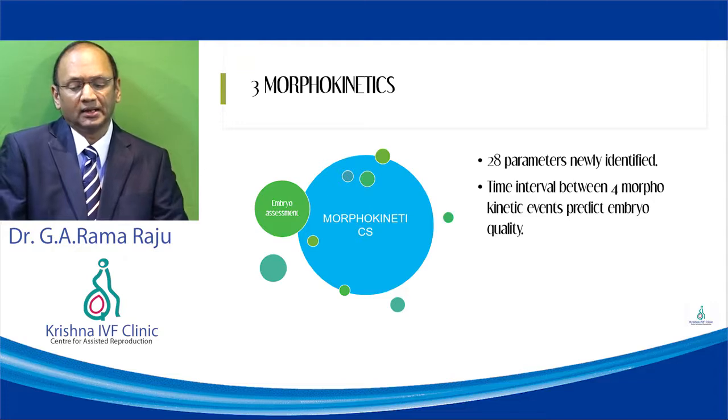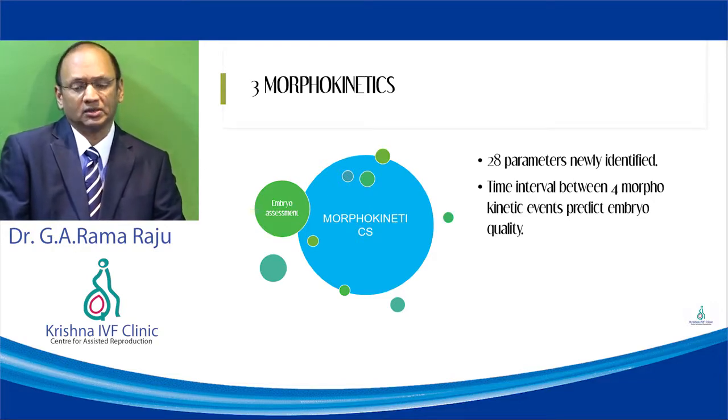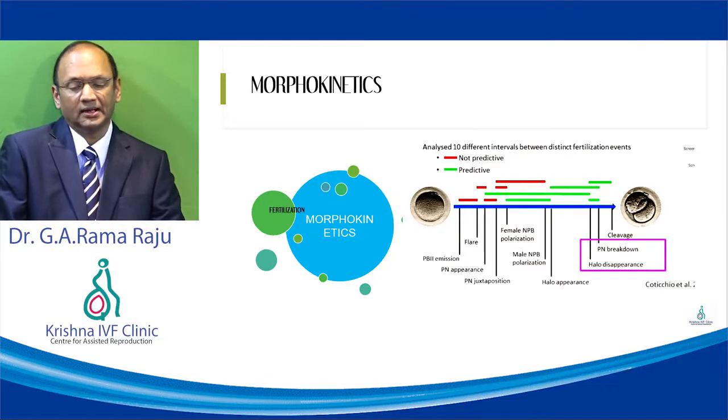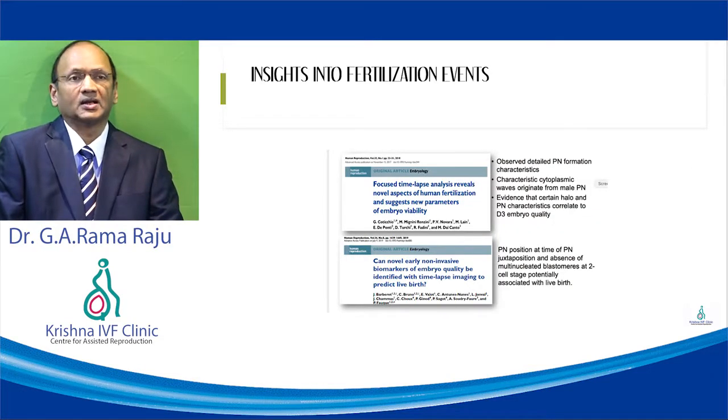Here the green lines show that these are already scientific data that shows the predictivity parameters for green line are already proven in publications, and the red lines are not yet predictive. What does the scientific data say?